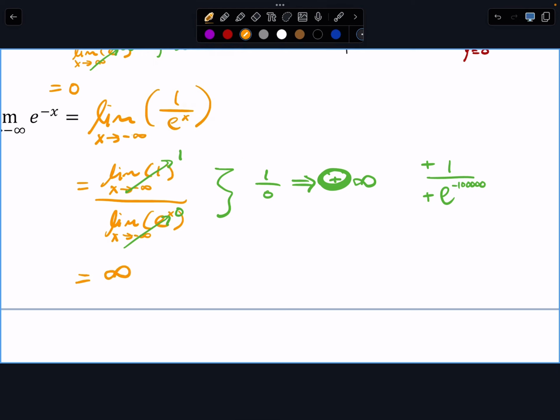Did we follow that? So this isn't for vertical. We previously looked at when we ran into this with direct substitution. When you got a non-zero constant over 0, you're like, oh, there's a vertical asymptote there. But because x is approaching infinity or negative infinity, it's not a vertical asymptote.